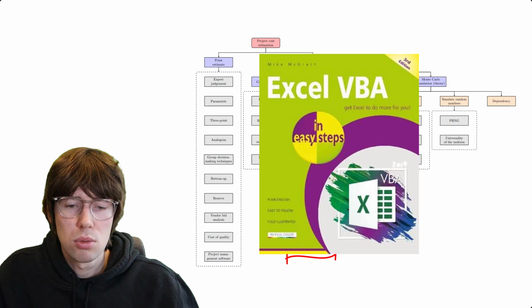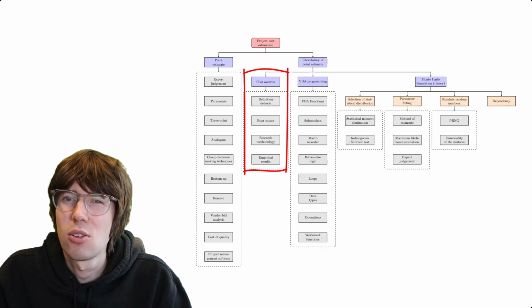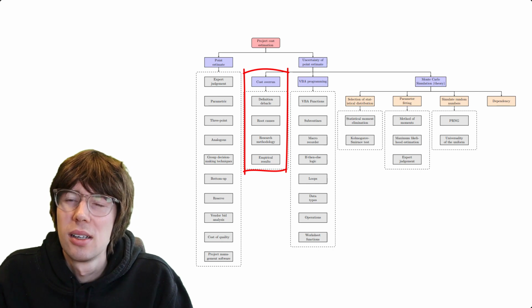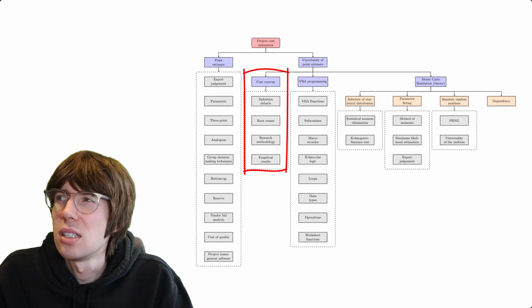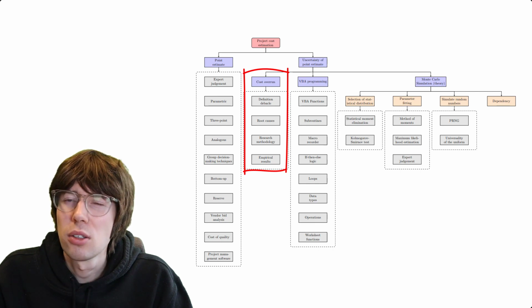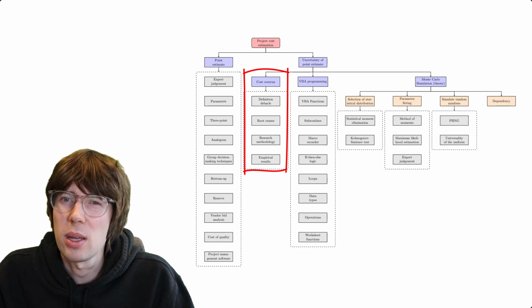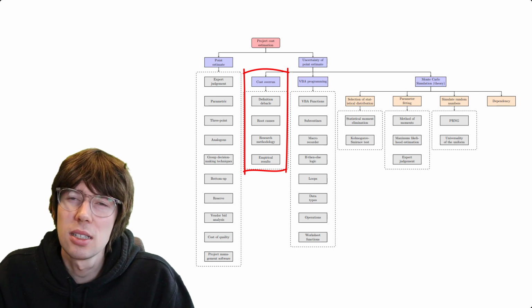But when it comes to subject matter expertise on project cost overruns, I don't think there's any particularly good book I will recommend directly. There's a lot of academic research here. I think the most famous paper that I reference is a 2004 paper by Flyvbjerg and some colleagues.